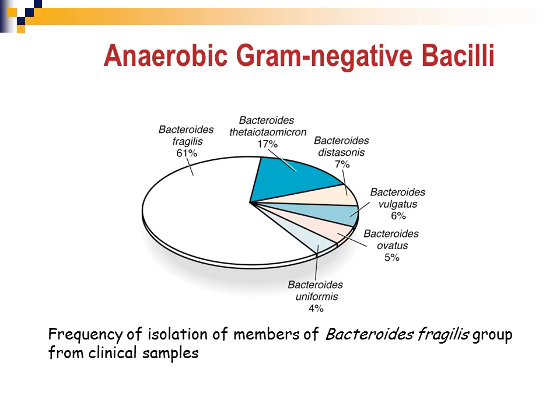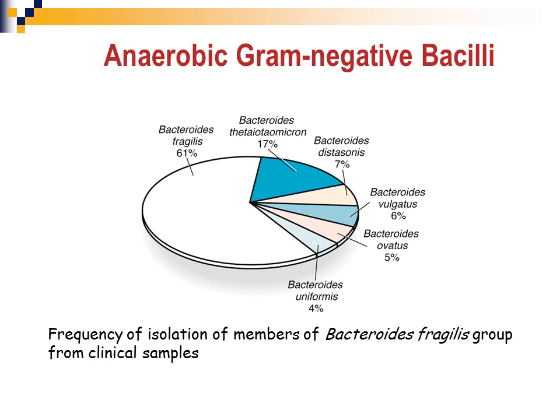Now, we already mentioned that Bacteroides is the most commonly isolated anaerobe in the clinical microbiology laboratory. Now, this slide shows you the breakdown in a pie chart of the specifically gram-negative anaerobes.